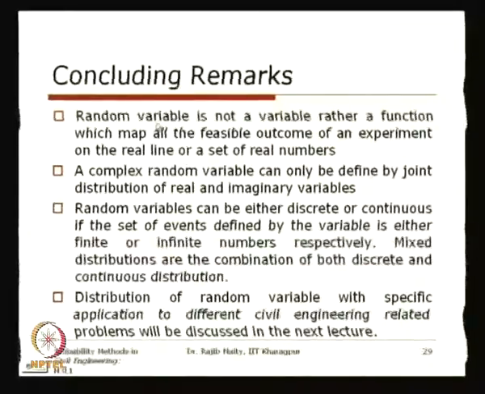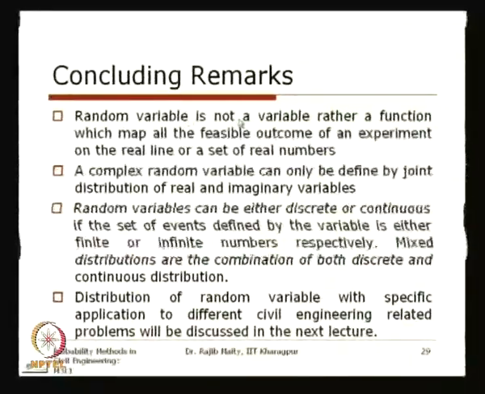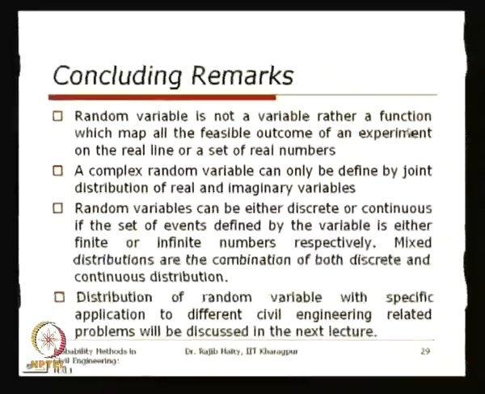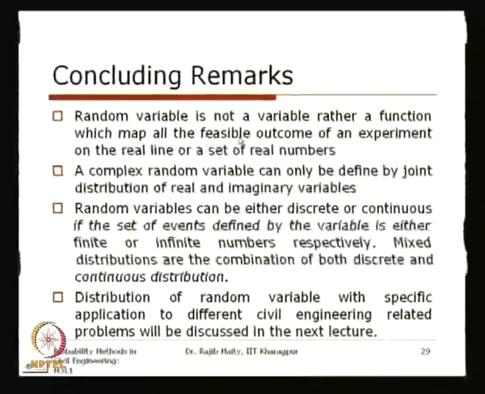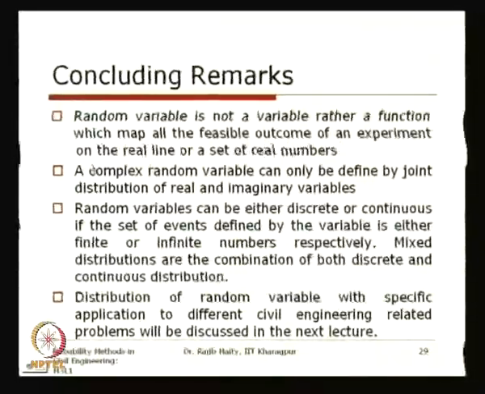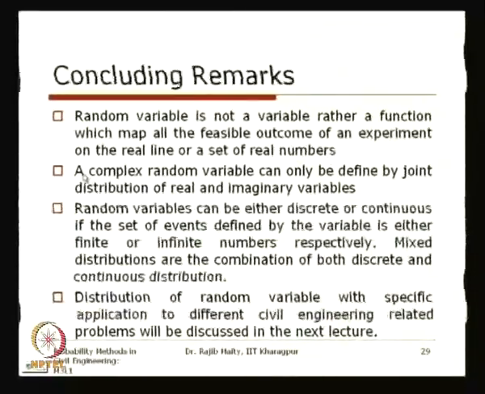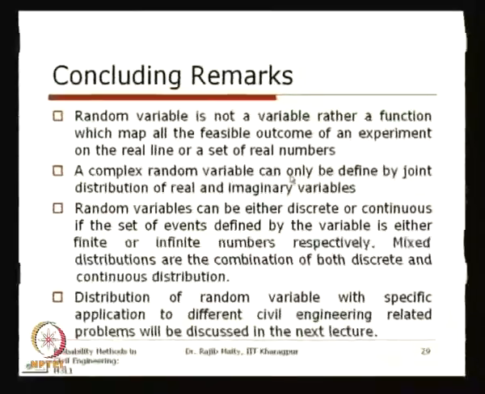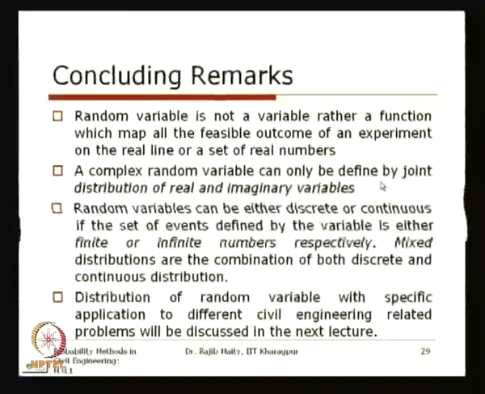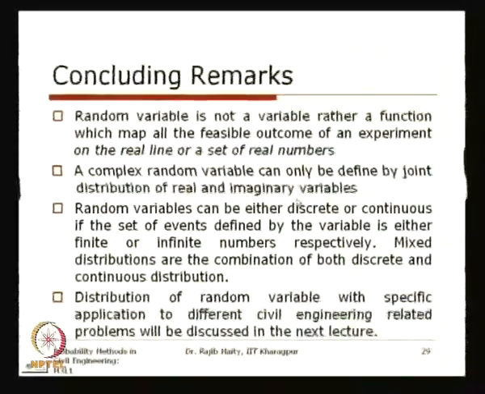Finally, in this lecture we have seen that a random variable is not a variable, rather a function which maps all the feasible outcomes of an experiment onto the real line or a set of real numbers. A complex random variable can only be defined by the joint distribution of the real and imaginary variables.